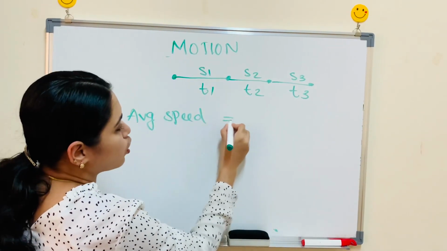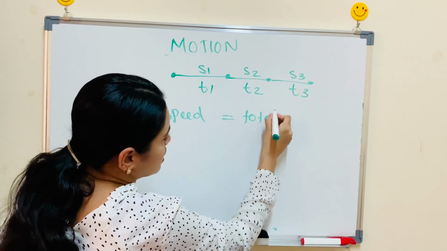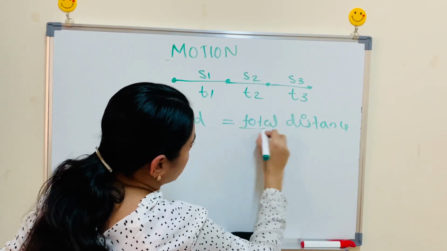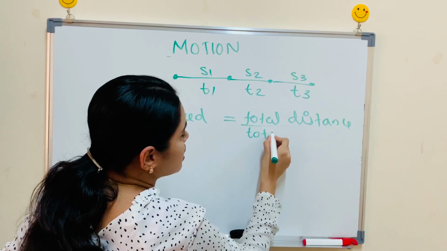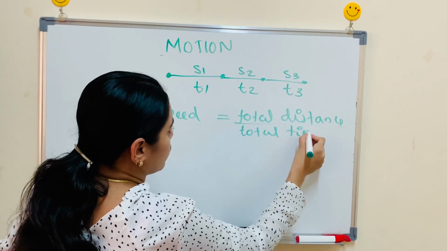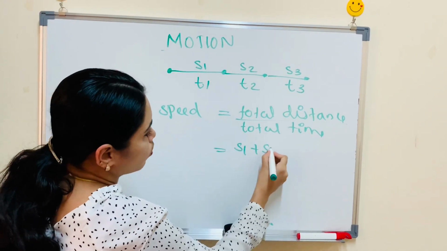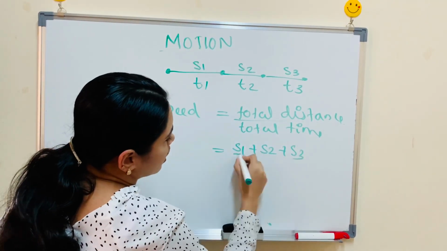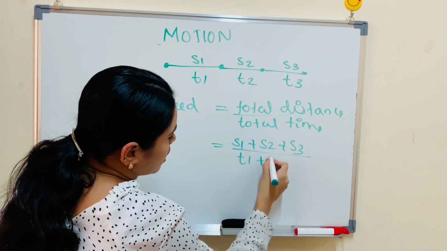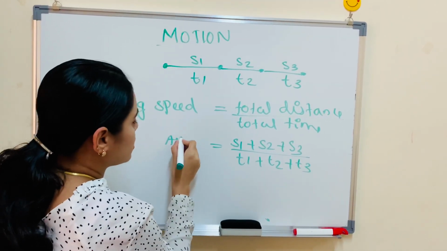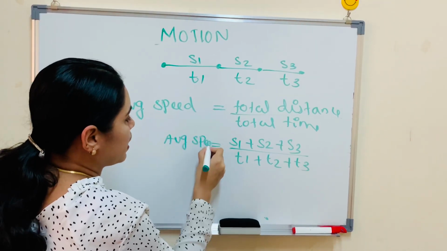Average speed is equal to total distance covered divided by total time taken. So here we can write total distance S1 plus S2 plus S3 divided by total time T1 plus T2 plus T3. This is what is average speed.